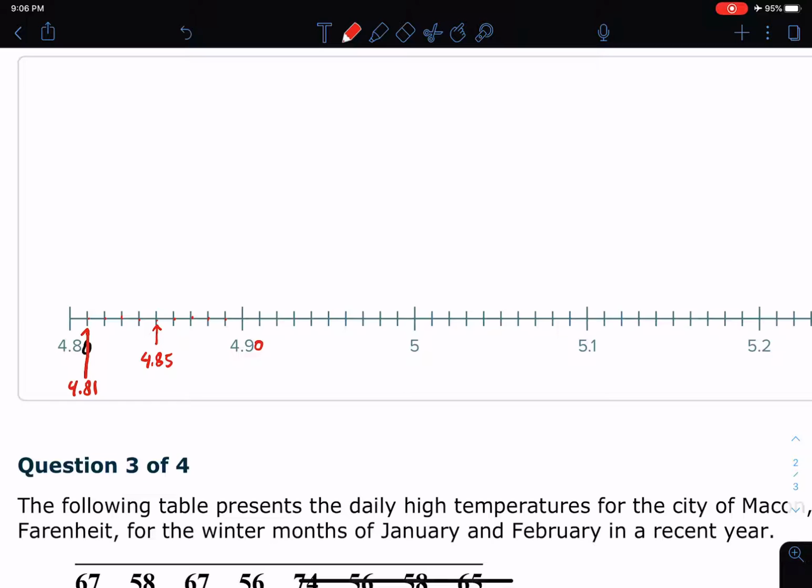So we've got 90, 91, 92, 93, 94, 95. There's my sort of middle marker, $4.95. There's 5, which is $5.00, right? And then 1, 2, 3, 4, 5. That is $5.05. We get ourselves to $5.10.